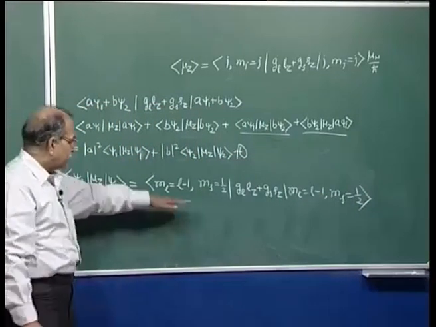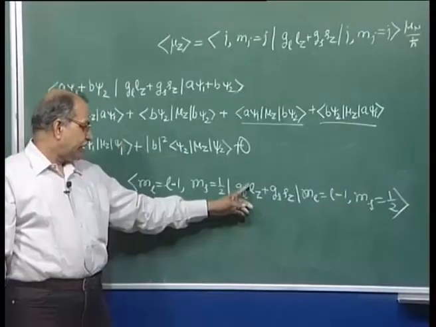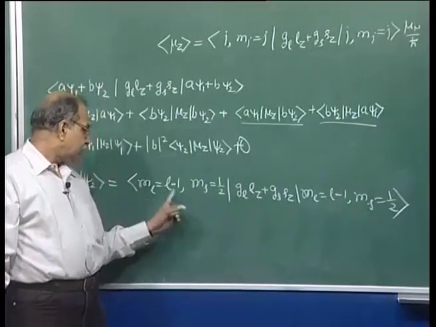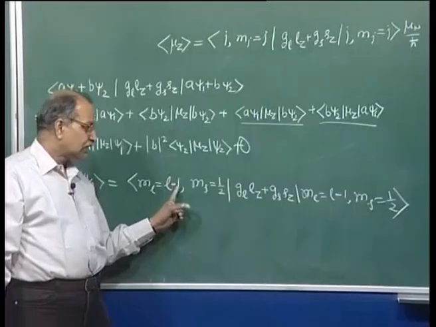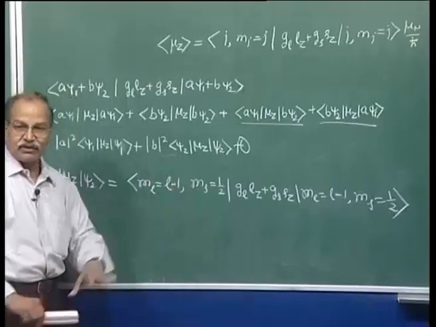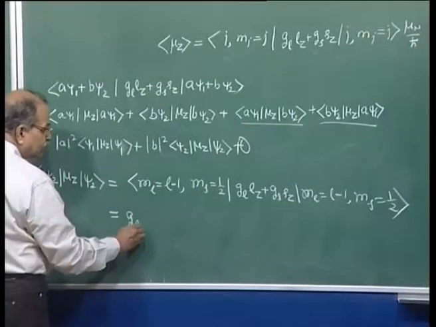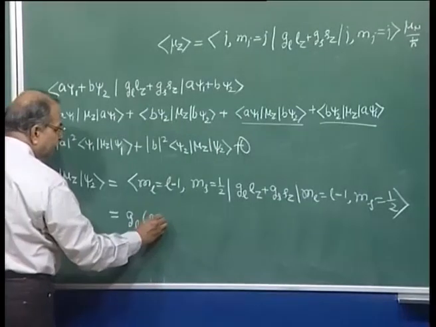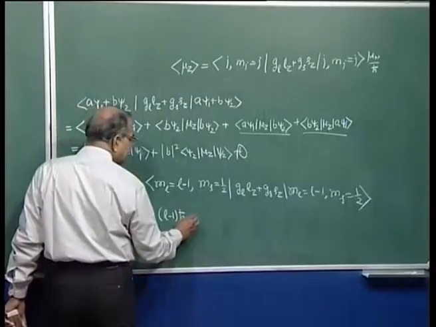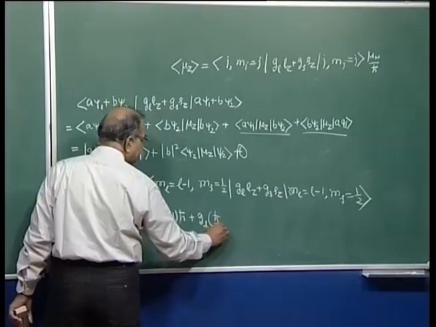You have to substitute this Lz by L minus 1 h cross and this Sz by plus half h cross, that is it, the rest is all normalized to 1. So, this will be GL times L minus 1 h cross, plus GS times h cross by 2.